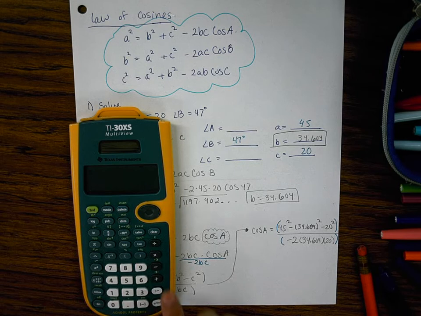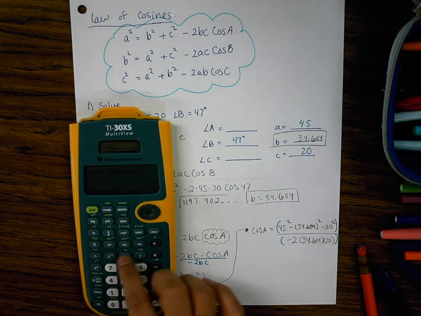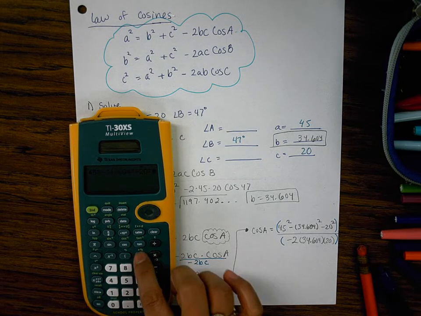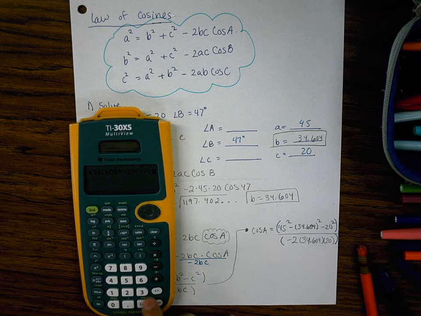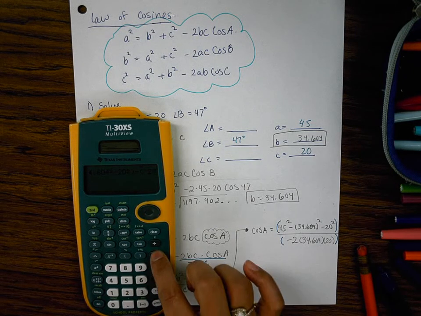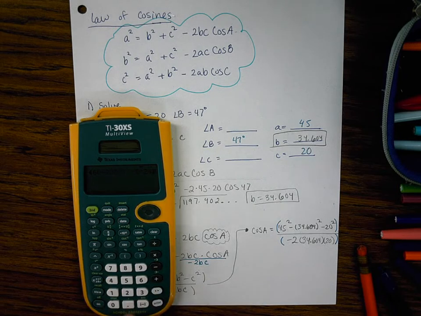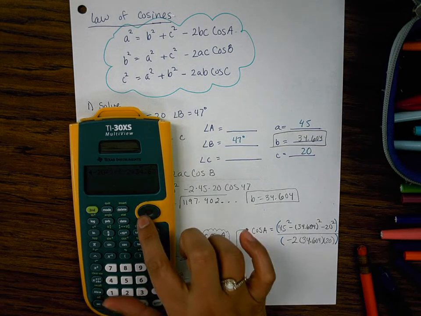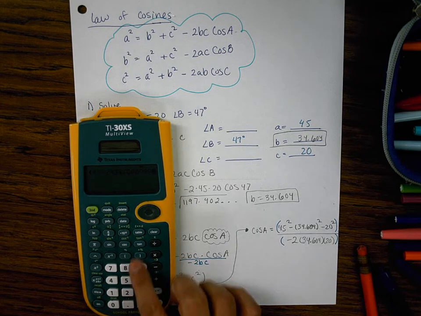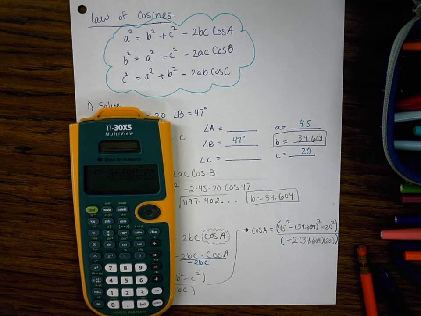Oh, good grief. I can type this in, I promise. Okay, one more time. Parentheses 45 squared minus 34.604 squared minus 20 squared, close parentheses, divide, open, negative 2 times 34.604 times 20.